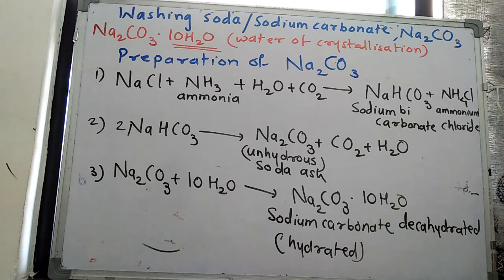So here water molecules are present. Whenever water molecules are present, that salt is called a hydrated salt. So the final formula is Na2CO3 dot 10H2O. It is called sodium carbonate decahydrate, and as it contains water of crystallization, it is called a hydrated salt. So it is the most important reaction from this lesson.